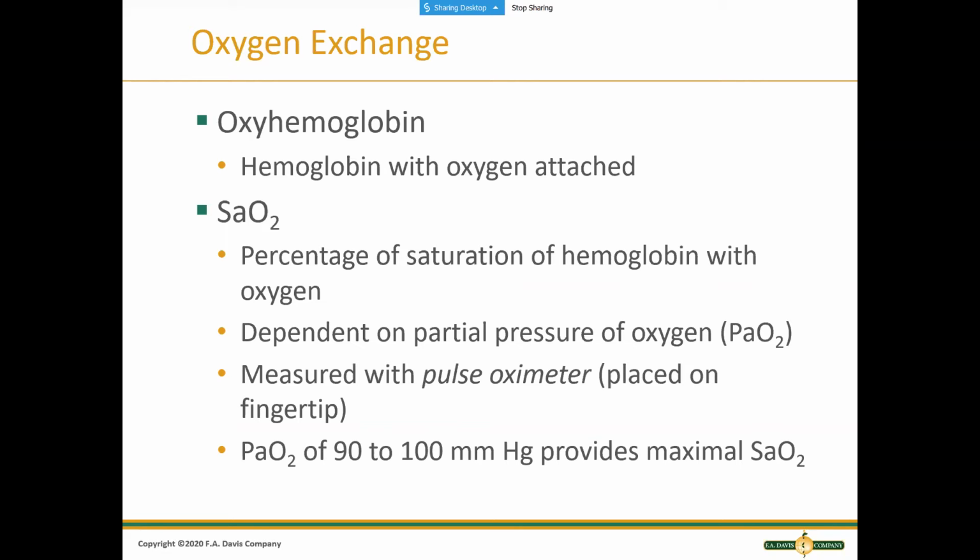SaO2 is the vital sign that we can measure with a little finger probe. We just put it right on the finger, and it's the percentage of saturation of hemoglobin with oxygen.